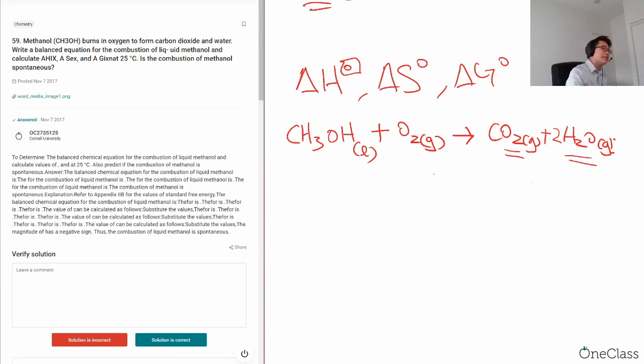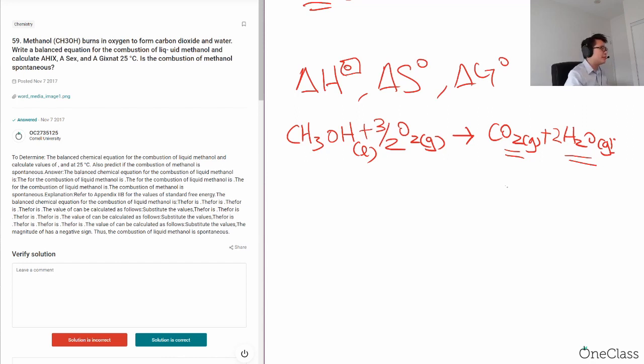Therefore, we need one more on the left. In order to make sure we have 4, I'm going to use a fraction to make things a little bit easier. So we will have 3 over 2 of oxygen. So at the end, we have 3 plus 1 is 4, and then we have a balanced chemical reaction.